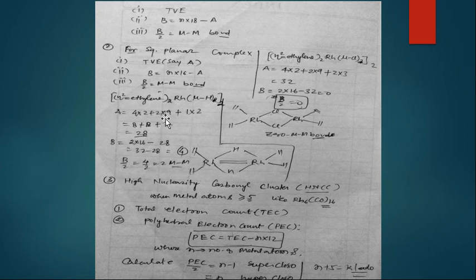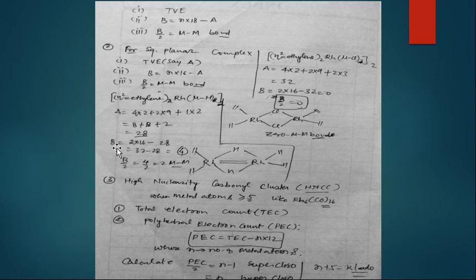Rhodium valence electron is 9, so multiplied by 9, plus 1 into 2. Hydrogen electron count is 1, multiplied by 2. So the total electron count is 28.